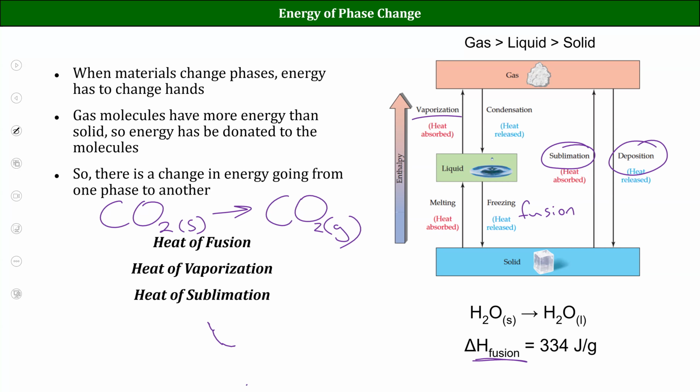So the opposite of sublimation, going straight from a solid to a gas, is going from a gas to a solid, which is called deposition. And actually we do see that at our altitude and even at sea level under the right conditions. If the humidity is just right and the temperature is just right, we can actually get gaseous water vapor to turn solid without getting a liquid phase in between.